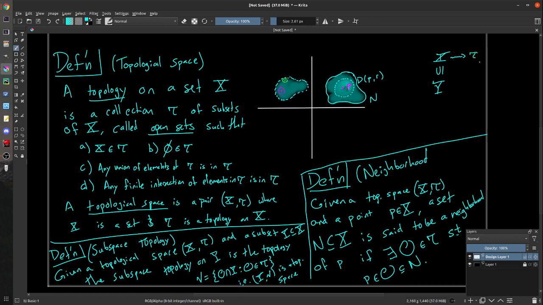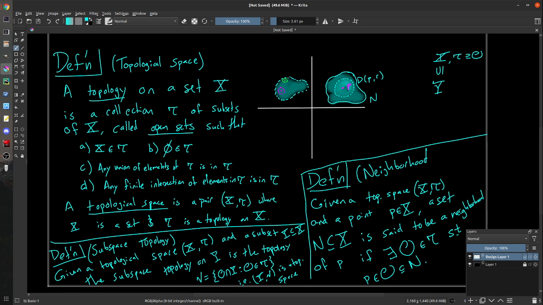So there's a tau, the topology on X, and what we're doing is that we've got some elements O in tau, right? So I've got tau, and I've got elements, say, like element O in tau.